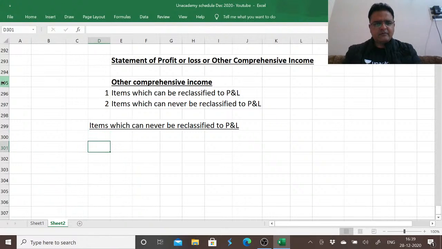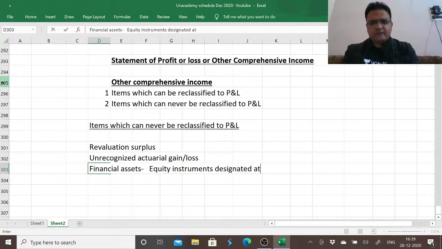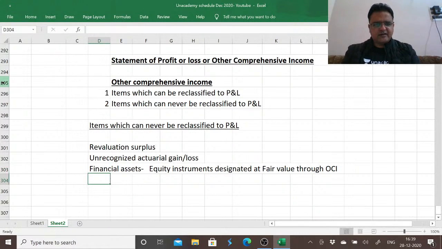Among them, there is revaluation surplus, there is unrecognized actuarial gain or loss, there is financial asset in terms of equity instruments designated at fair value through OCI. So even on settlement, they are never reclassified to P&L.